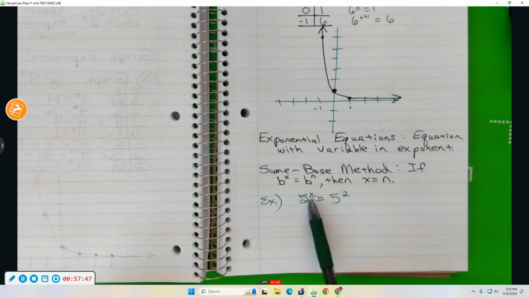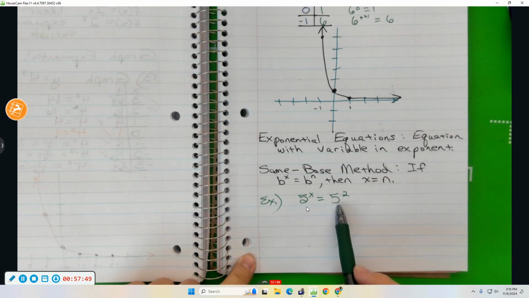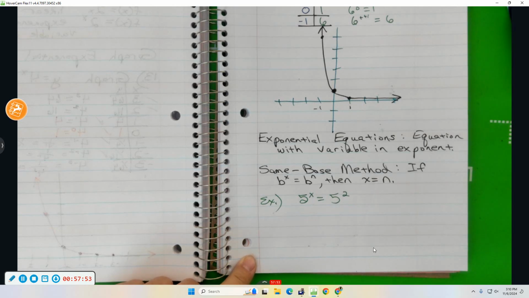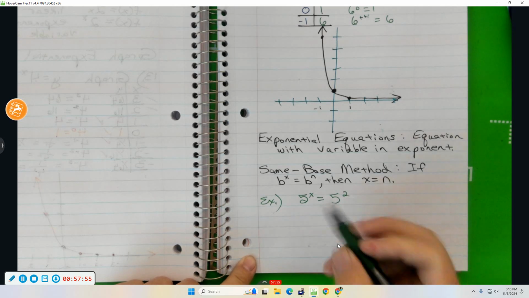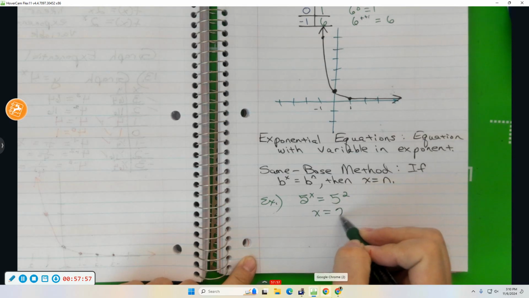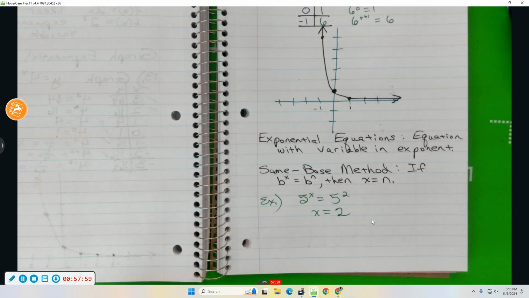It has to be a square. If the bases are equal, the only way the left side can equal the right side is for the exponents to be equal. So x would have to equal 2. The problem is they're not going to give you problems like that. You're going to have to use your properties of exponents that you've seen today so that you can get the same base on both sides.